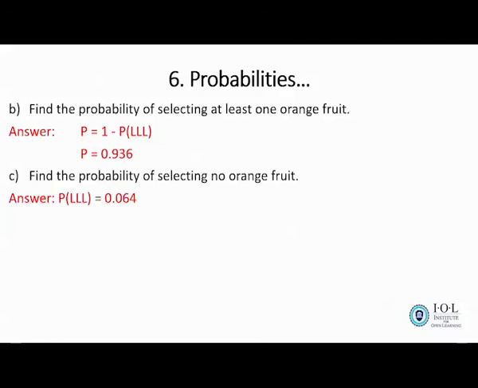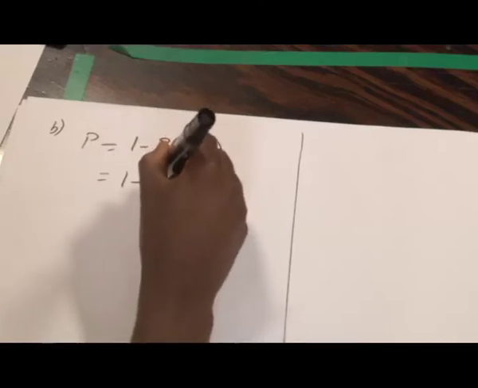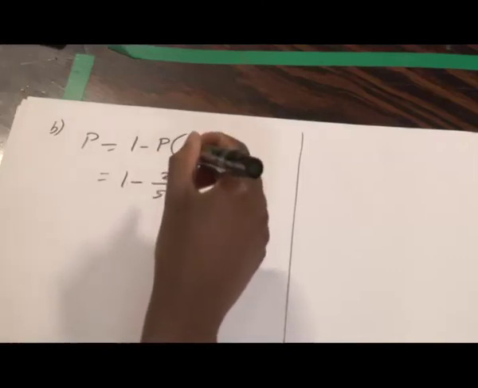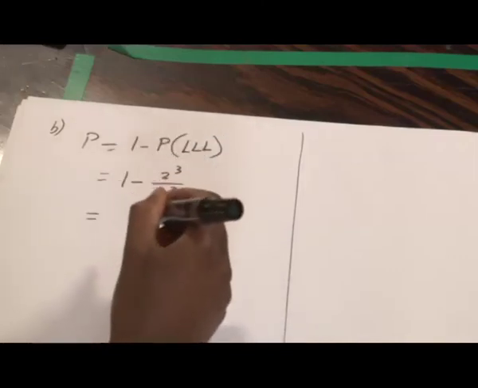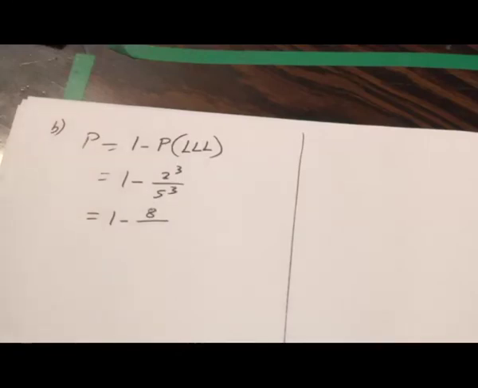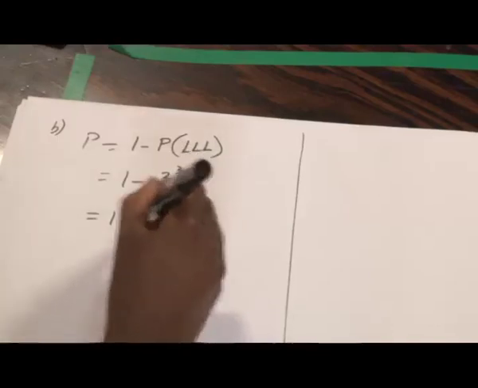So when you have it in this way, you just go for L, L, L. It's there, which is 2 to the power 3 over 5 to the power 3. Then you have 1 minus 2 to the power 3 over 5 to the power 3. 2 to the power 3 will give you 8, and 5 to the power 3, you can punch in your calculator. 5 to the power 3 gives you 125.